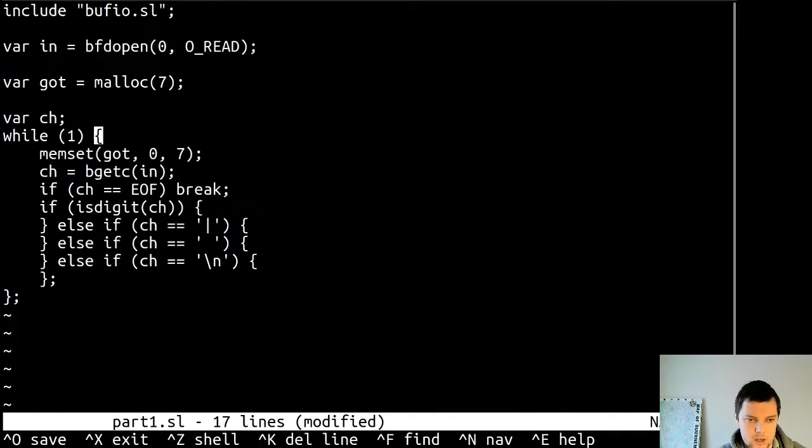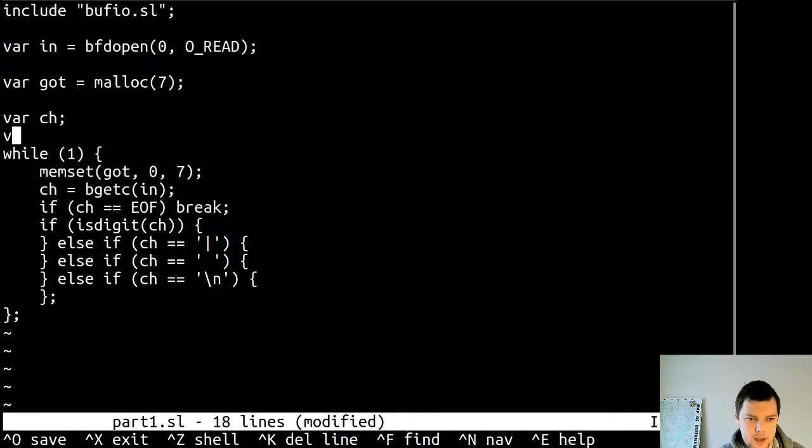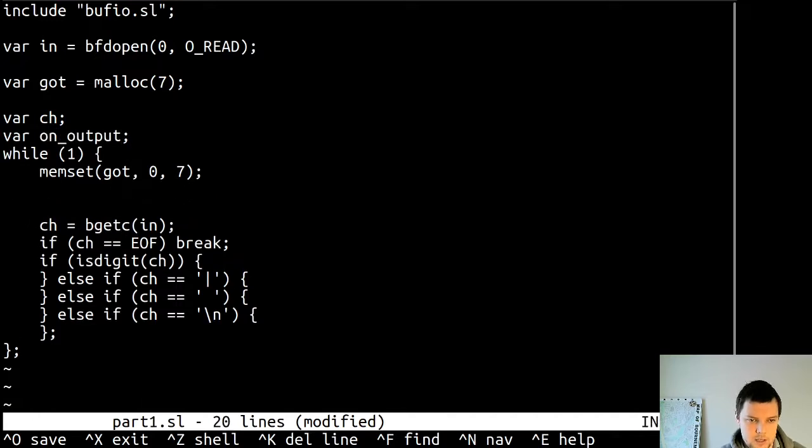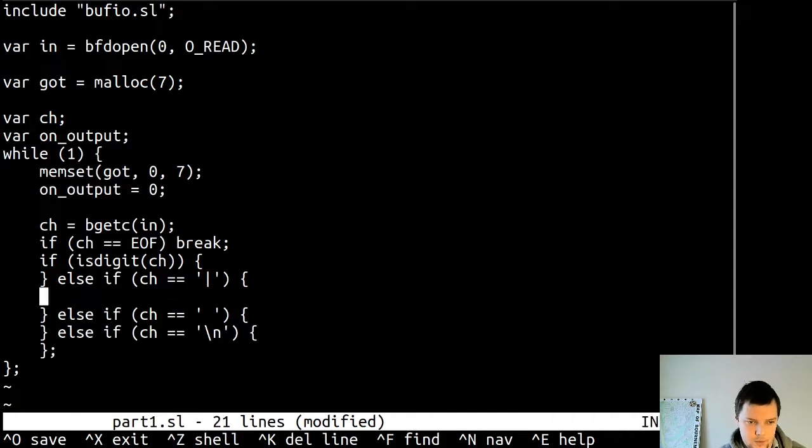So each go through the loop will read us one 7-segment display, and we want to know if we're on the output part. So we'll reset got to 0, reset on output to 0. When we see the pipe, we're on the output.